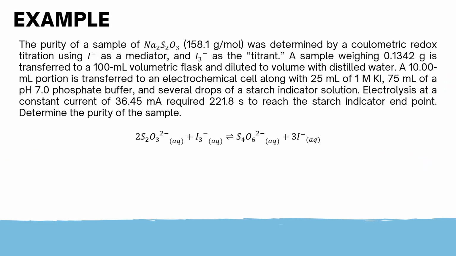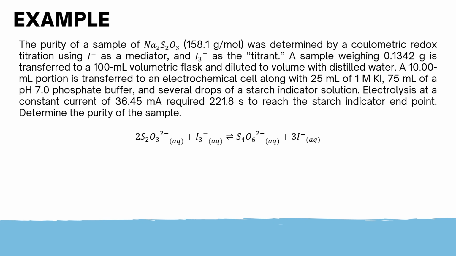Here's an example of the application of coulometric methods. The problem is, the purity of a sample of sodium thiosulfate was determined by a coulometric redox titration using iodide as a mediator, and triiodide ion as the titrant. A sample weighing 0.1342 grams is transferred to a 100 ml volumetric flask and diluted to volume with distilled water.